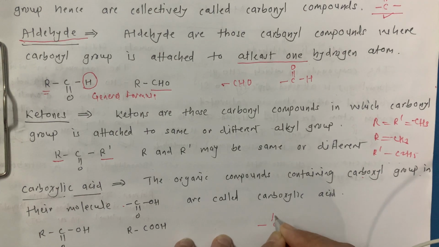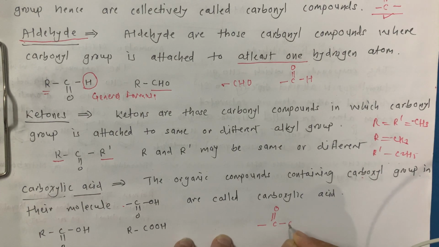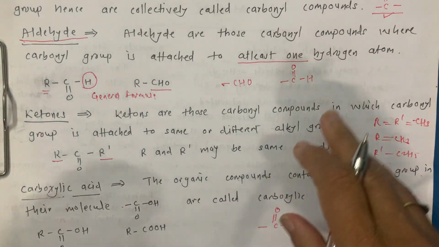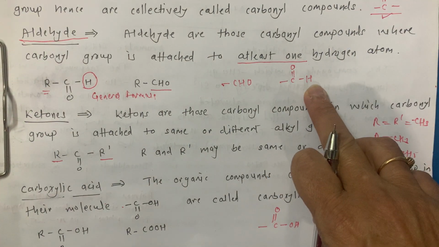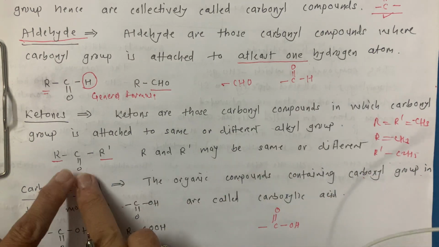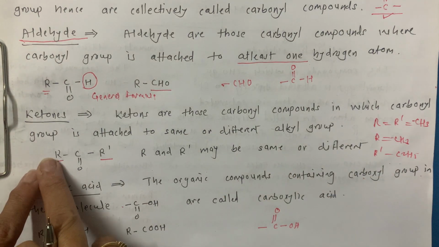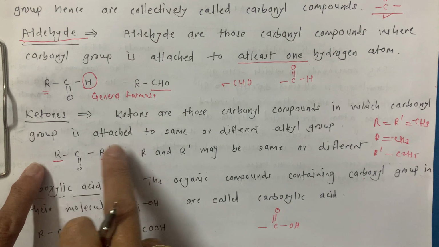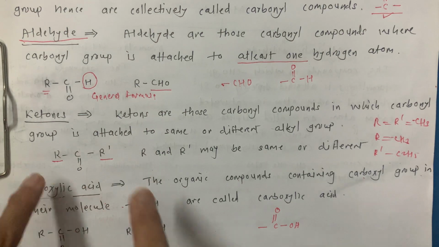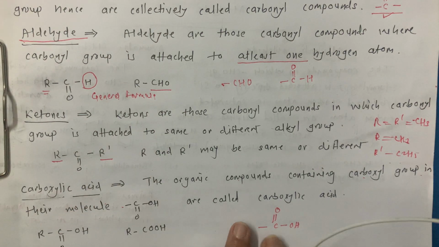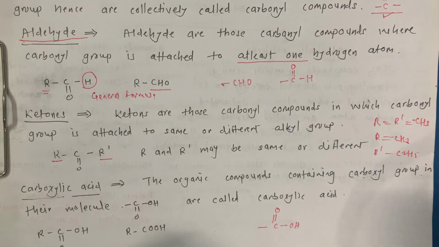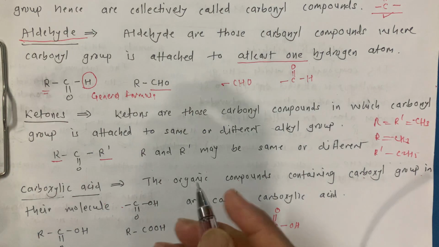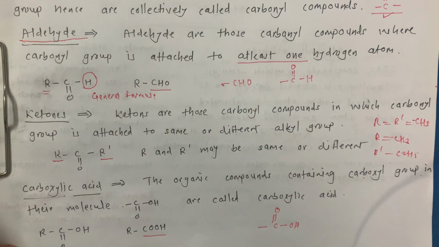Here in aldehyde the carbonyl group has at least one hydrogen, while in ketone the carbonyl group has alkyl groups R and R dash at both ends. Now here the functional group is dash COOH. This is our functional group.